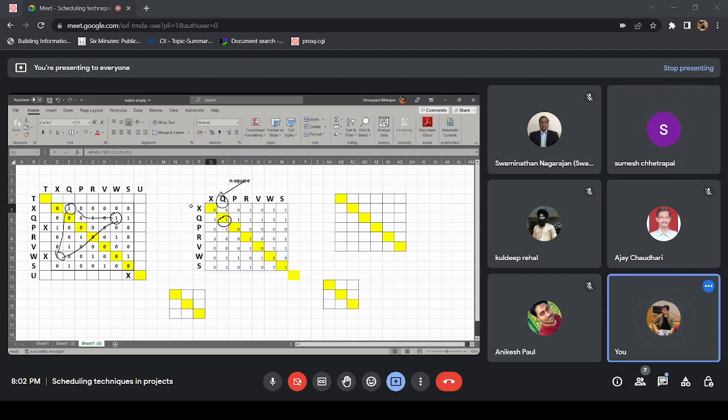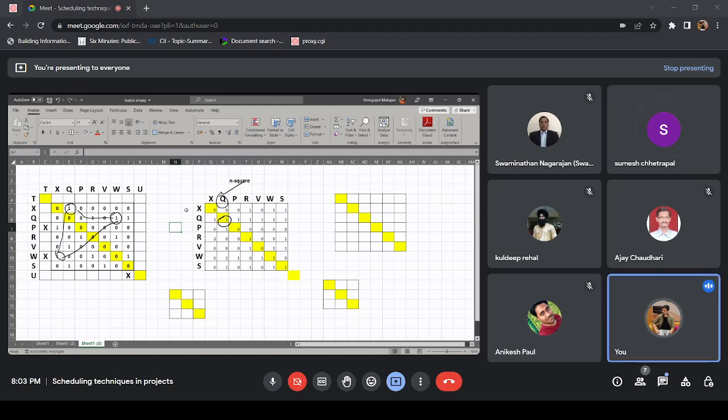But in the example we have done, sir, we can club W and S also in sequence, and W and S have a non-zero value in the diagonal. That's what I'm saying. See here, Q and R have non-zero values, right? Yes, sir. Now, can you club Q and R? Q gives information to R? No. Does R give information to Q? Yes. But this is not a loop, right?